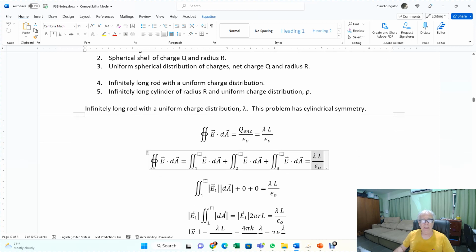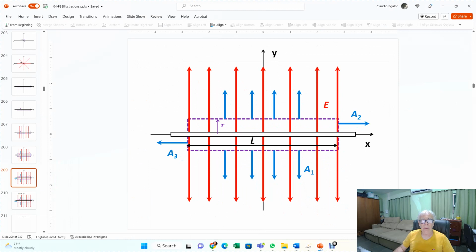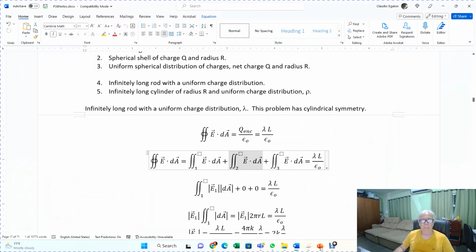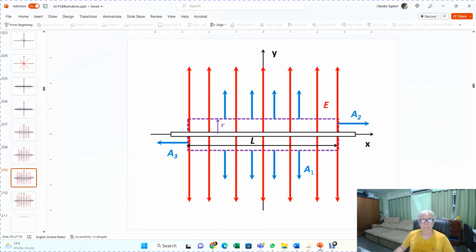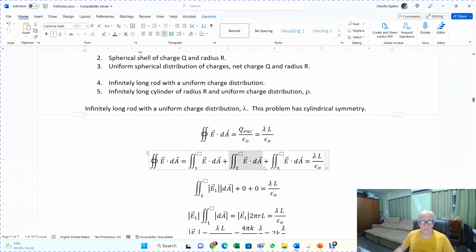Because E dot A along the second and third surfaces is 0, because of the angle between them, those two integrals vanish, and we are left with a single electric field term in our solution.